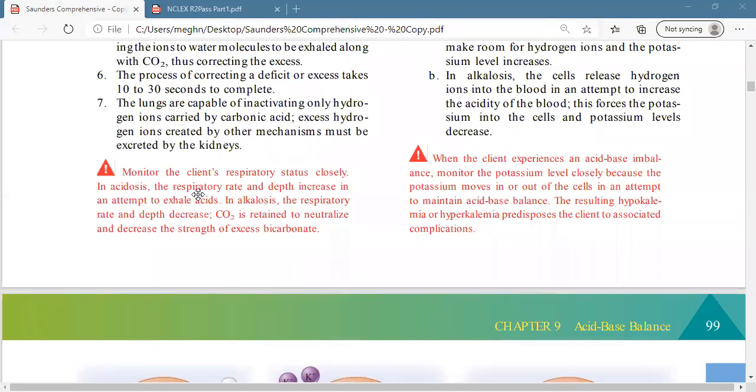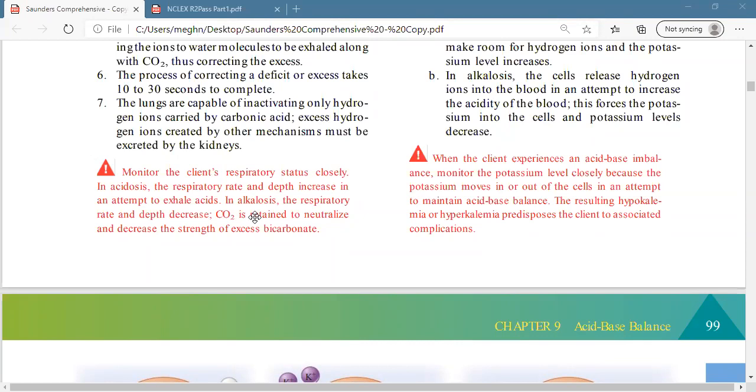And in alkalosis, the respiratory rate and depth decrease, causing carbon dioxide retention to neutralize and decrease the strength of excess bicarbonate.